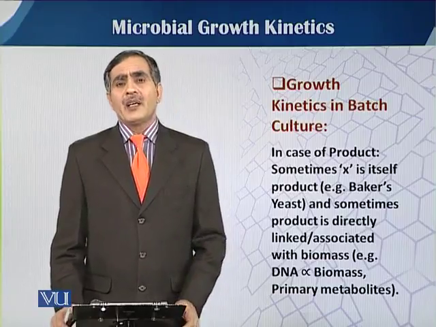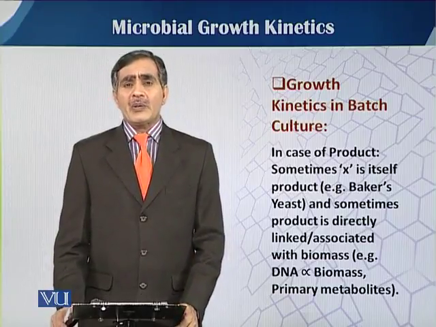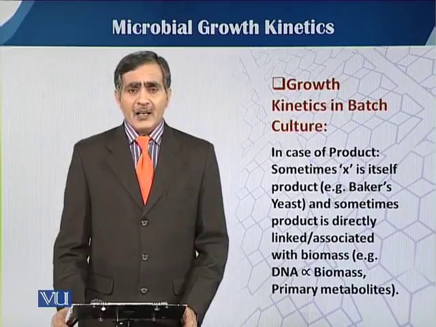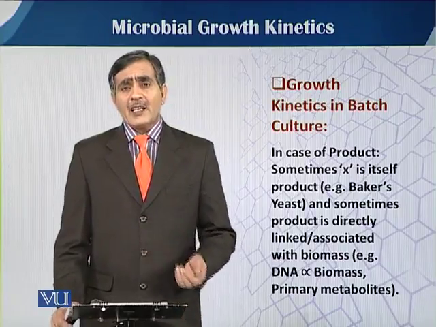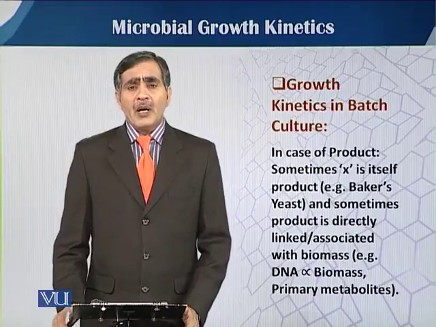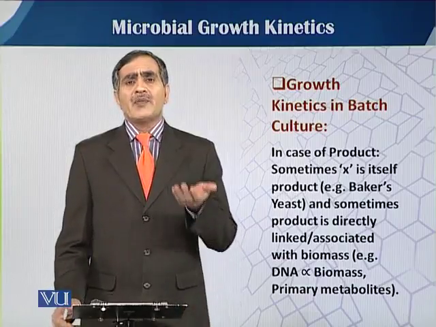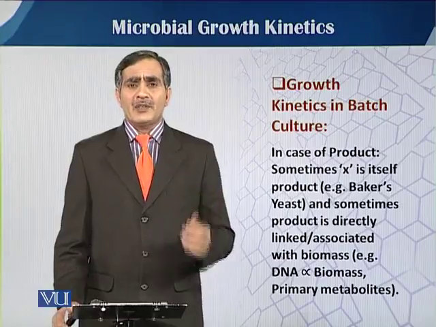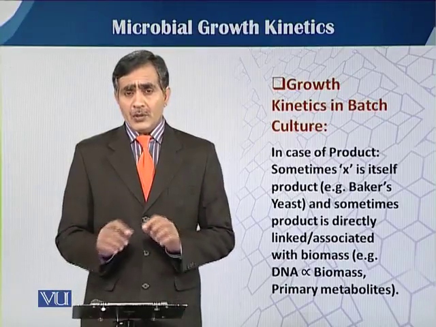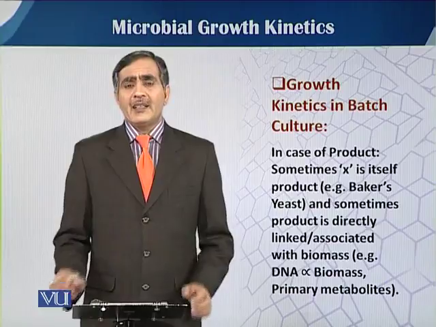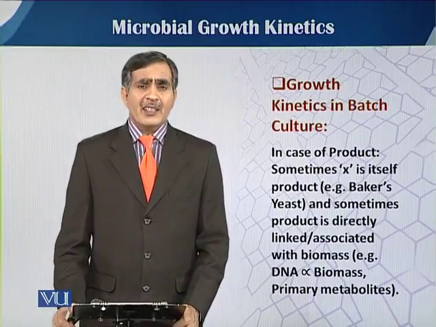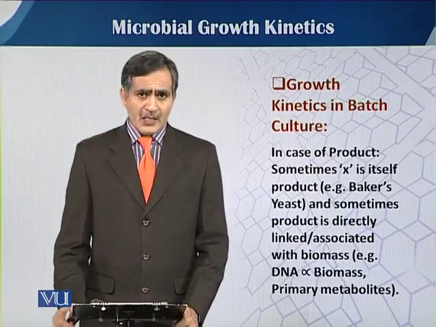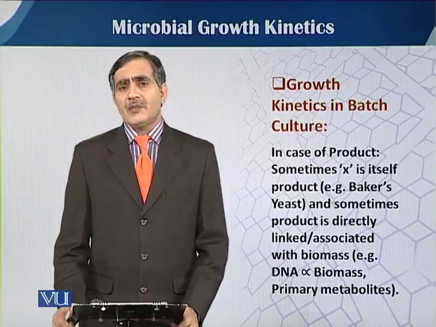But sometimes our product will not be associated with the cell biomass. For example, if we want to produce DNA, as the biomass increases, the DNA will also increase. So we should clarify here that when we talk about kinetics, we should know whether our product is associated or not associated with the biomass.